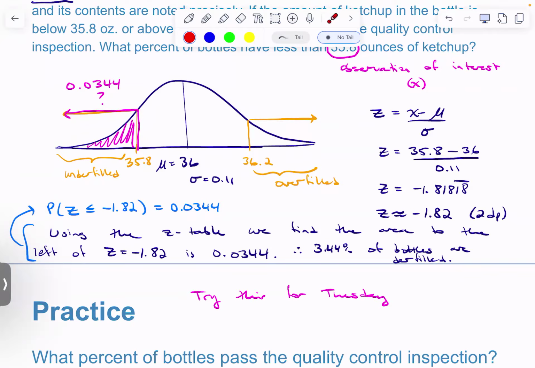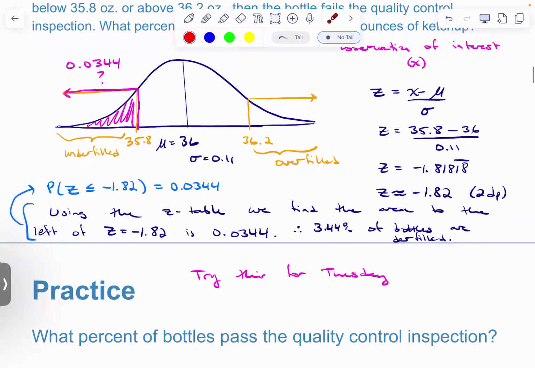You would get to your table and say, oh, I only get 2 decimal places, so I need it to match. So rounding properly, you get negative 1.82. A Z of negative 1.82, which means what? Means that 35.8 ounces is 1.82 standard deviations below the mean of 36. That's what that negative means, it's below.